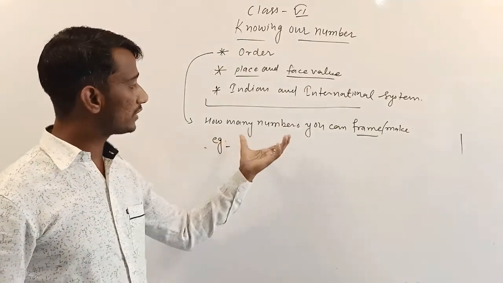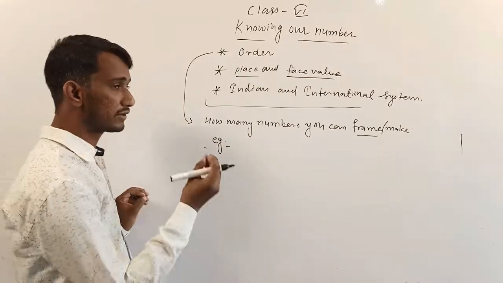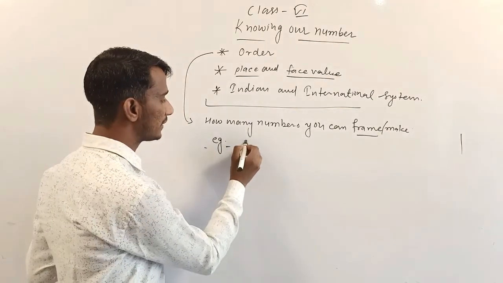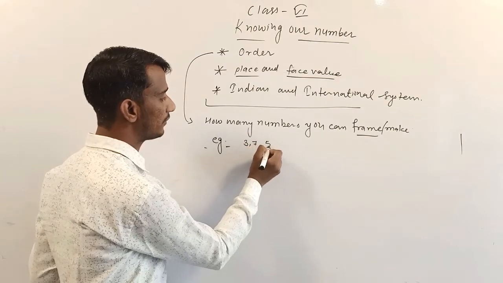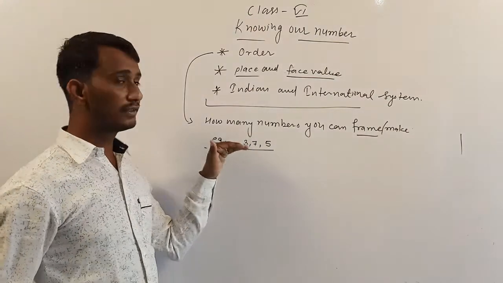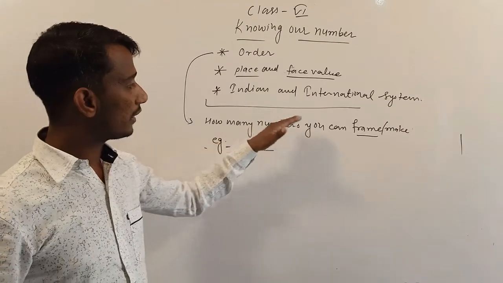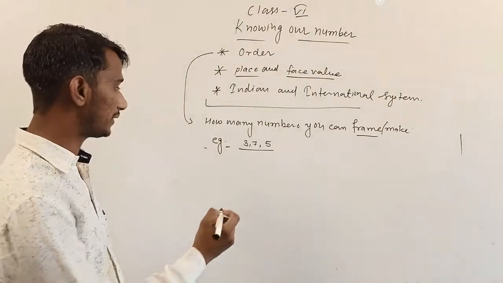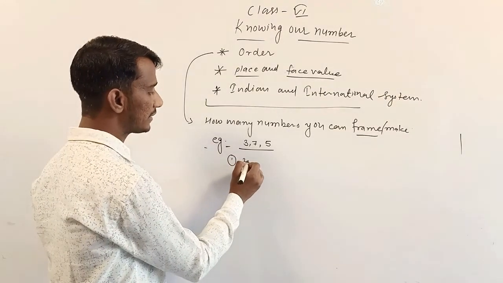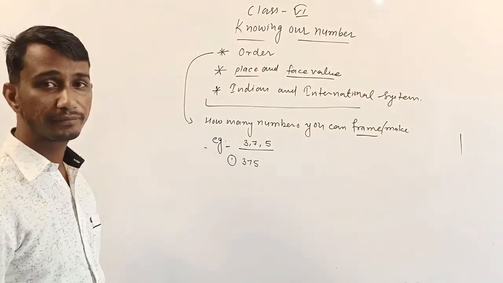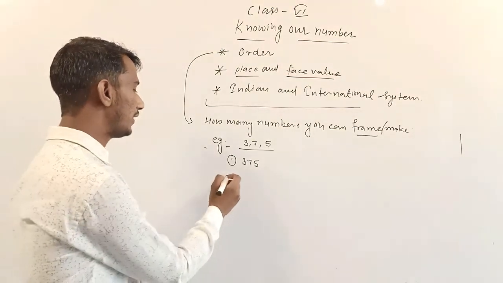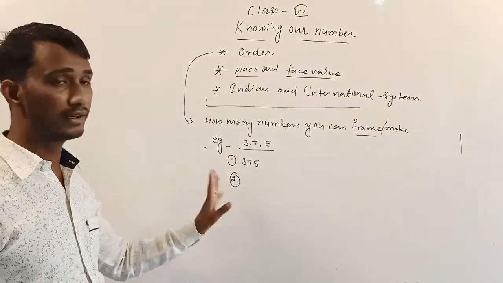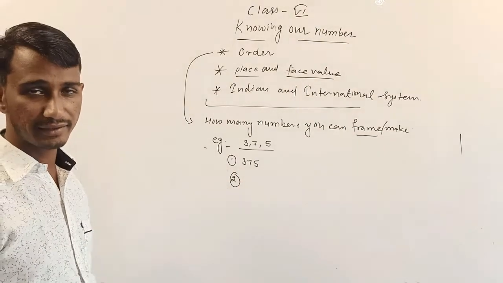From this you know that, for a simple example, if I have only 3 digits, 3, 7 and 5, using these 3 digits, how many numbers can I frame and you can frame? So try to make the numbers. First number 375. Okay. Now we have changed the places, 3 on the tens place and 7 on the hundreds place from the right side.